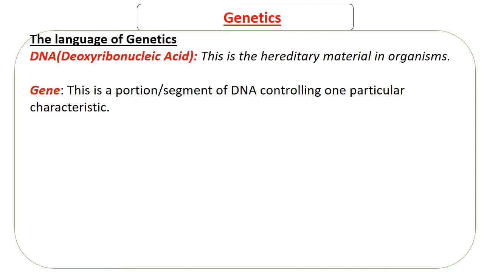So DNA is all the different features that are transferred to the next generation, but a gene is a particular portion or segment of DNA that controls one particular characteristic. For example, the one that's going to transfer your height to your young ones is a gene. So a gene is just a portion that is concerned with one particular characteristic.